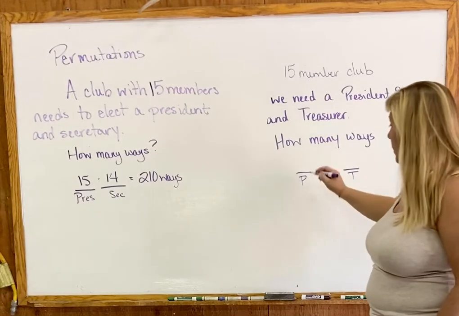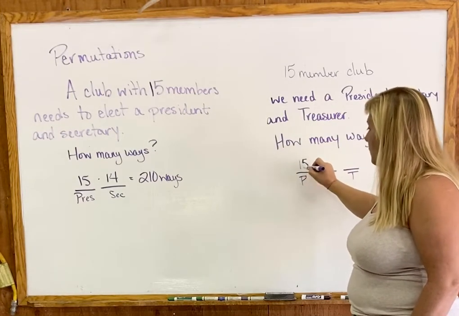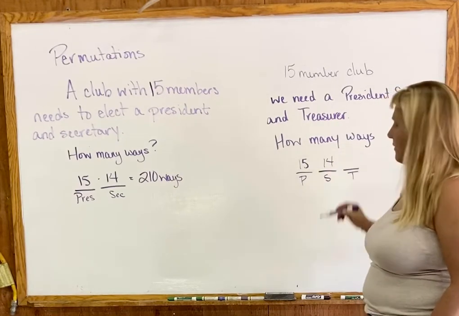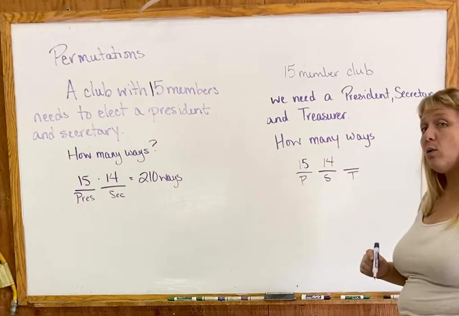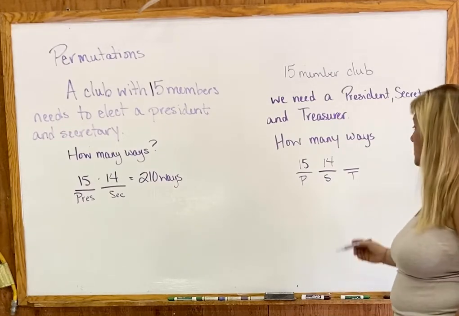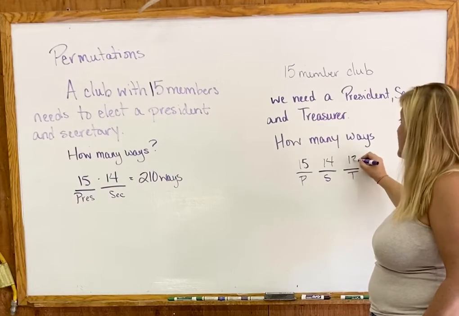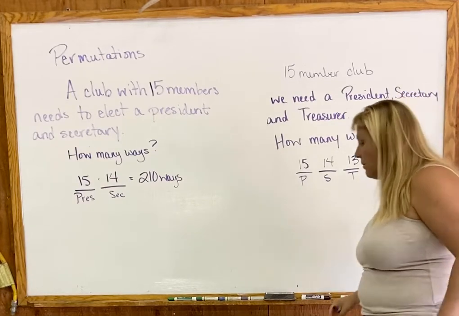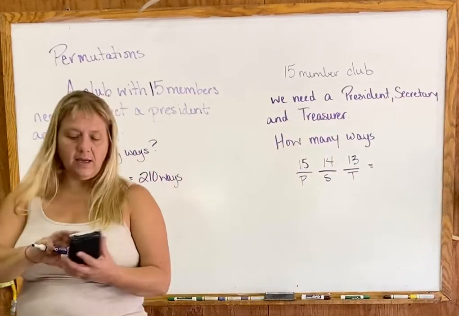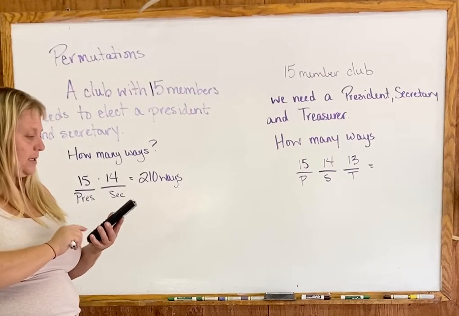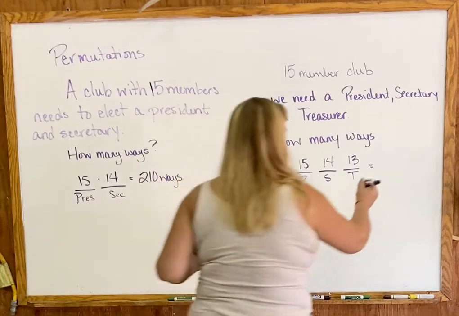Now, again, we're going to start off just like we did in the last one with 15 vying for the president slot and then 14 vying for the secretary slot, but now we have to give away one more job. So now how many people are vying for the treasurer slot? There would be 13, right? So if we multiply all of that together, 15 times 14 times 13 equals, all of a sudden this number gets huge.